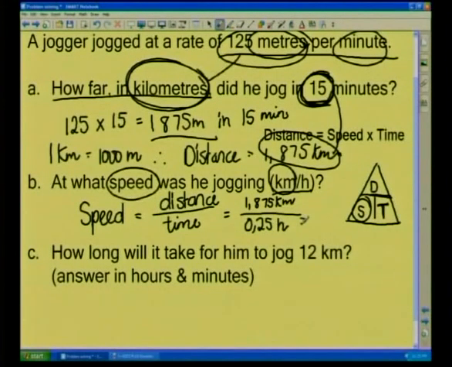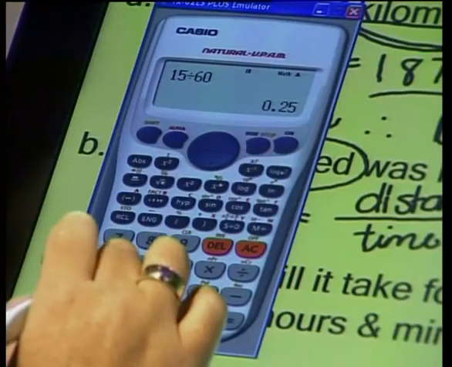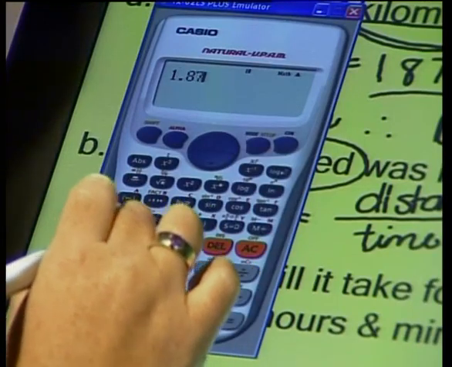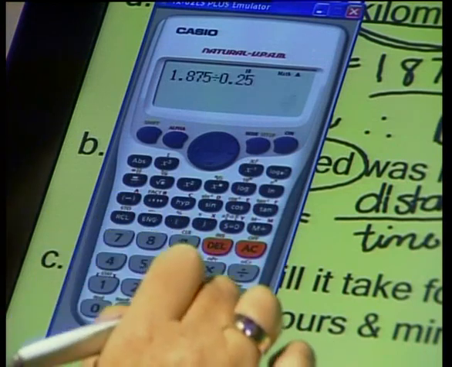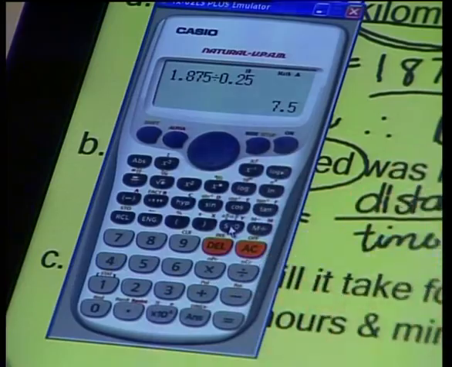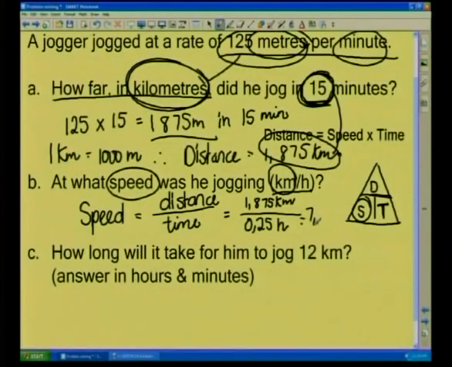I'm now going to do that on my calculator. 1.875 divided by 0.25 is equal to 7.5 kilometers per hour. Don't forget to put your units in.